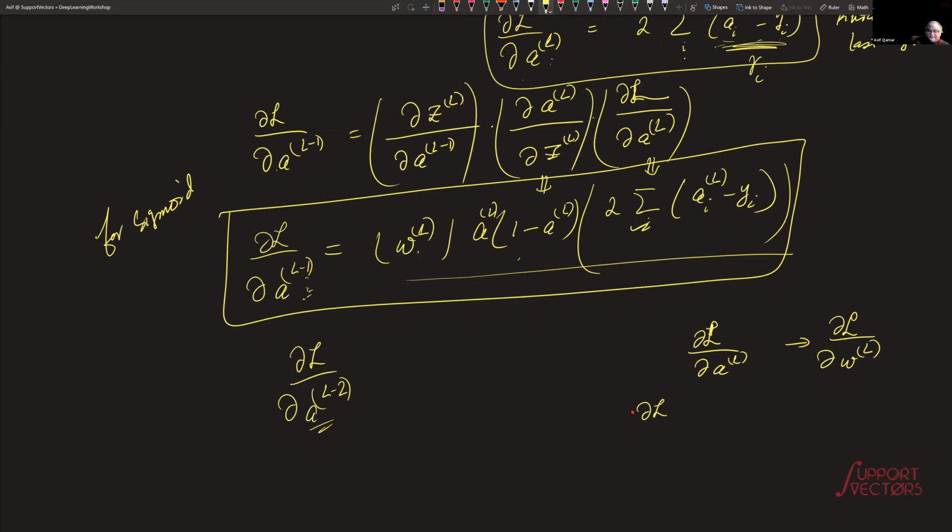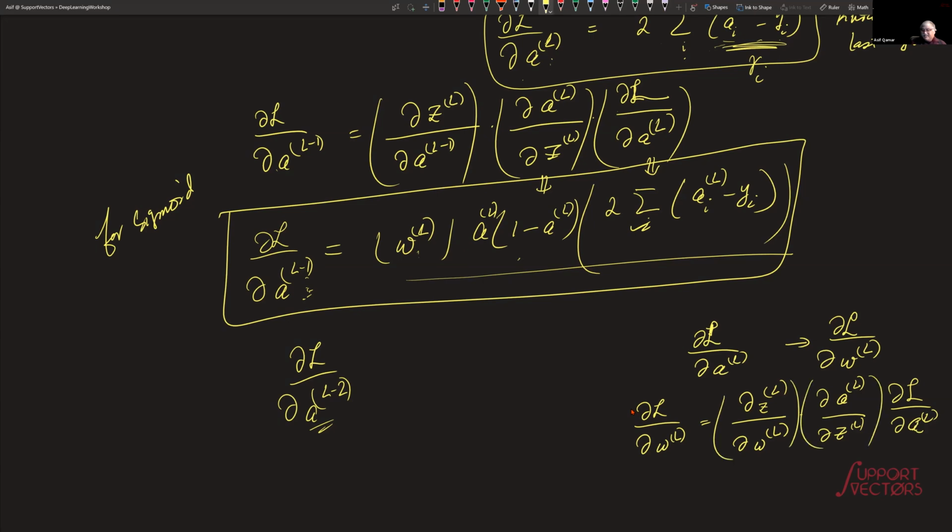The loss function with respect to the weight of a layer: a small change in the weight will lead to a small change in the Z. A small change in the Z will lead to a small change in the activation of the layer. And a small change in the activation will lead to a small change in the loss. So this was there. Now let's ponder over this. Once again, do you realize, guys, this part is nothing but the input of the layer.